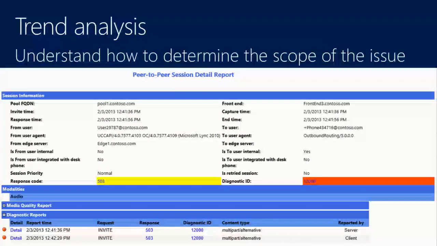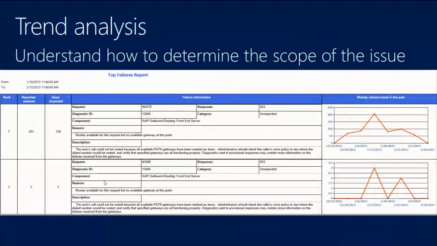So here I am, back at the user activity report. And now, instead of clicking on the diagnostic ID 1200, I'm going to click on this response code, and that's the error message that was coming back. When I click on that, it's going to take me to a top failures report, and I can see a filtered version of all the different errors that came back to people with the 503 response code.